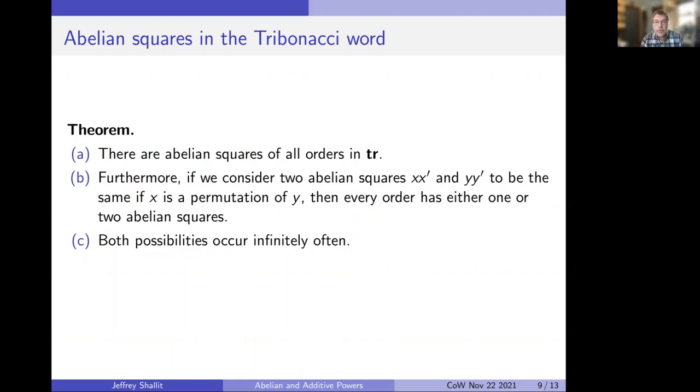If you consider 2 abelian squares to be the same if the underlying symbols in each abelian square are the same, that is, x is a permutation of y, and of course x prime is a permutation of x and y prime is a permutation of y, then once you fix the order, there are only 1 or 2 distinct abelian squares in Tribonacci, and both possibilities occur infinitely often. And parts B and C, as far as I know, are new, but maybe someone can tell me if I'm wrong.